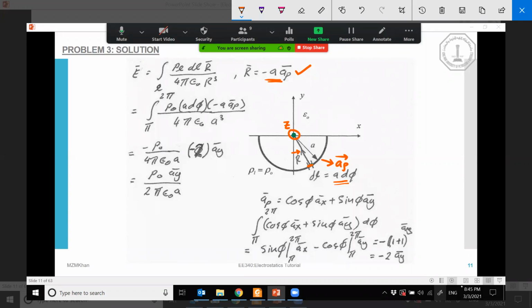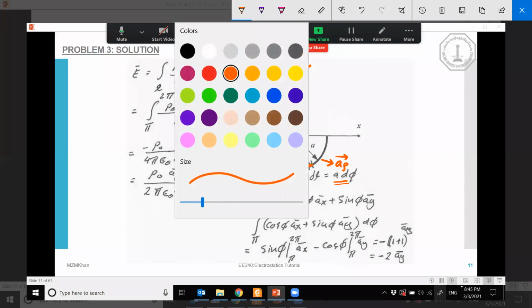And then what will be the limits here? Because the integration is with respect to d phi, the limits are a little bit important. You have to pay attention.